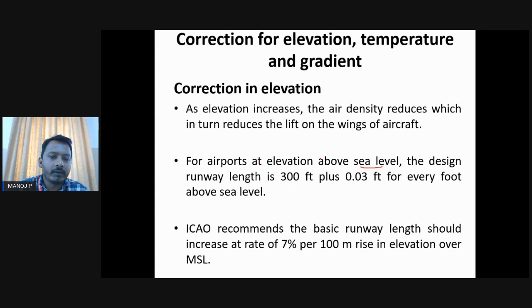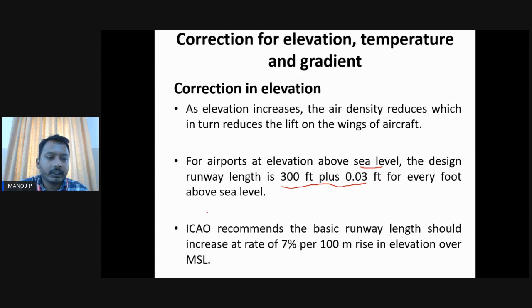Okay, for an airport at elevation above sea level, the design runway length is 300 feet minimum at 0 mean sea level plus 0.03 feet for every foot above mean sea level. That means if the airport is located at an elevation of 100, then 300 plus 0.03 into 100.